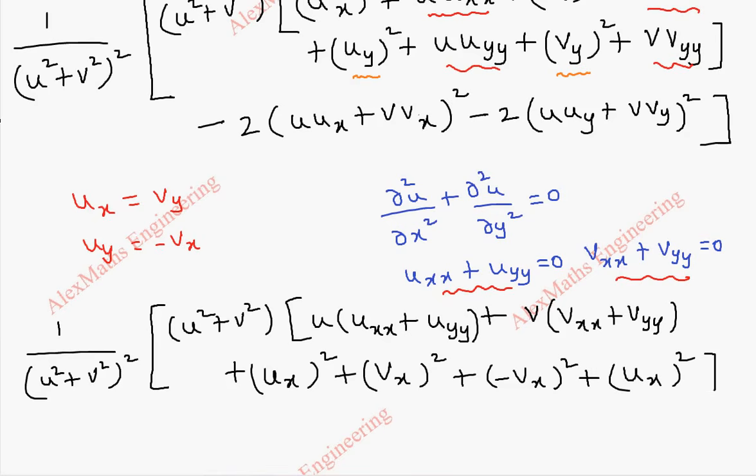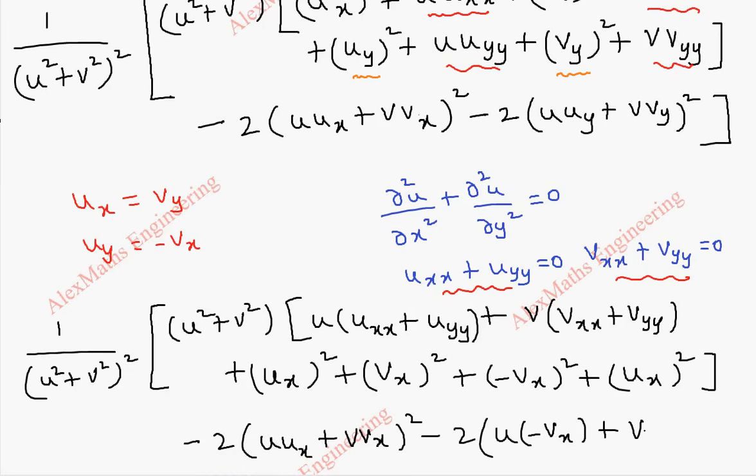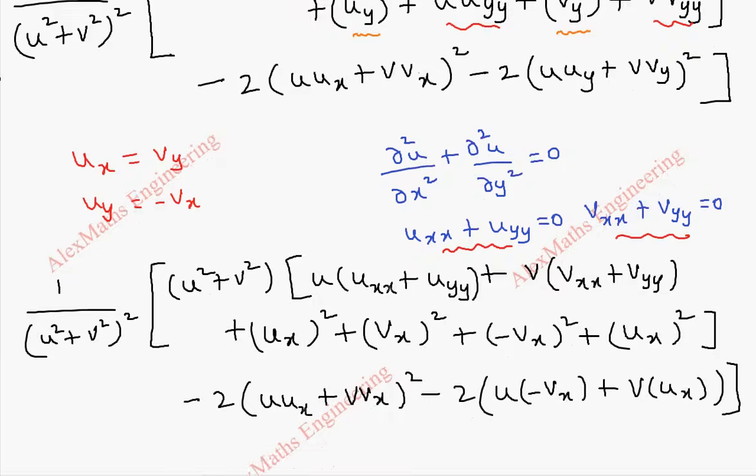Then bracket close, and again we have minus 2 ux plus vx whole square minus 2 u, in place of uy let's use minus vx, plus v, in place of vy let's use ux here. So everything we changed in terms of partial derivatives with respect to x.